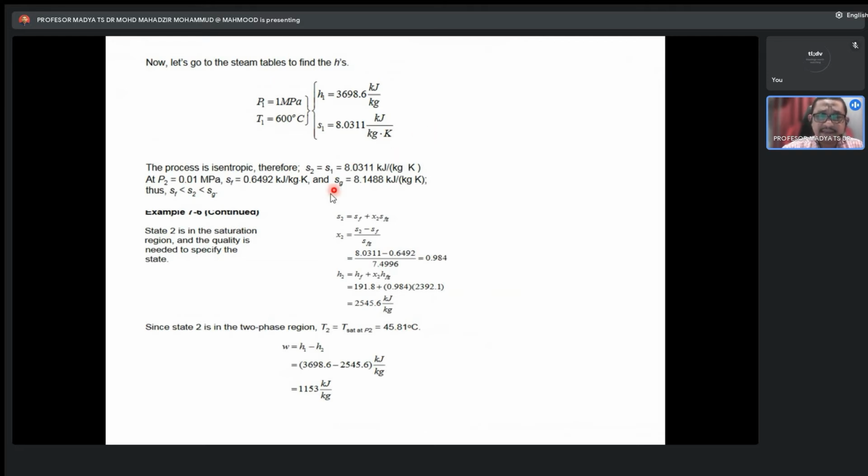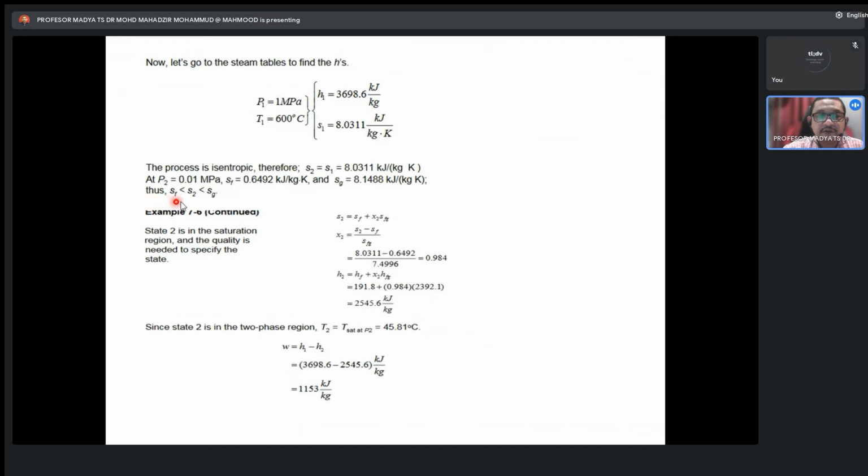So the process is isentropic. So when it is isentropic, that means at state number 2, S1 is equal to S2. So at pressure number 2, 0.01 megapascal, the entropy of the fluid is 0.6492, determined from the properties tables at pressure 2.